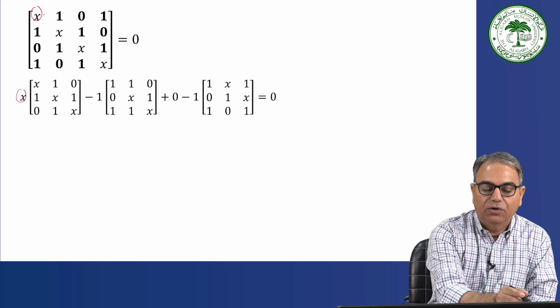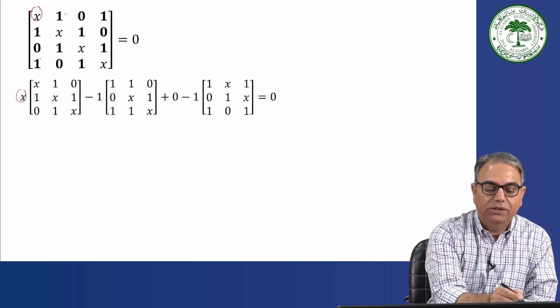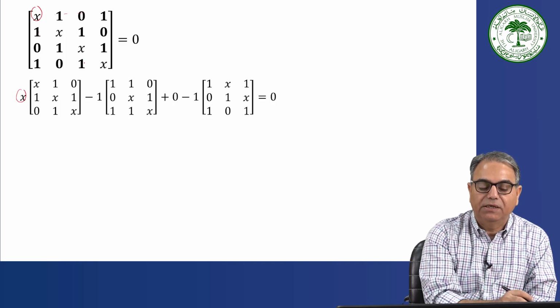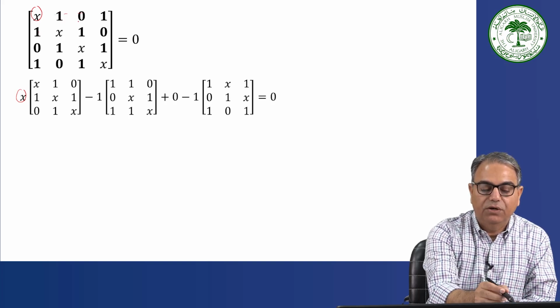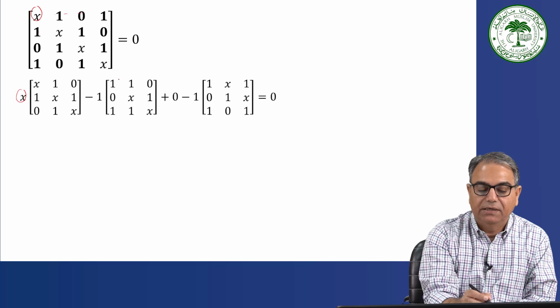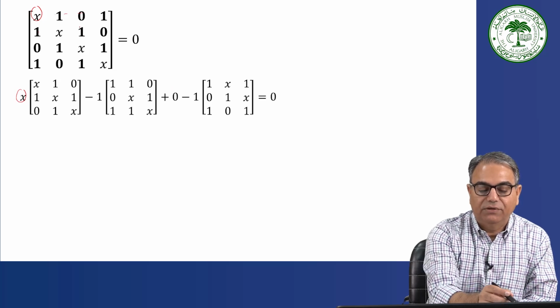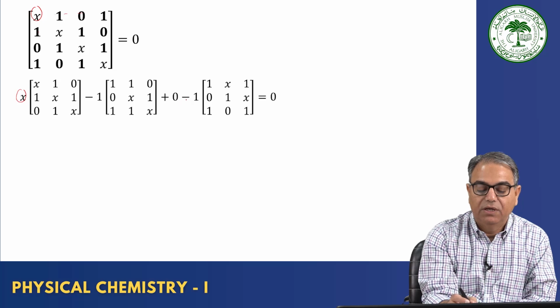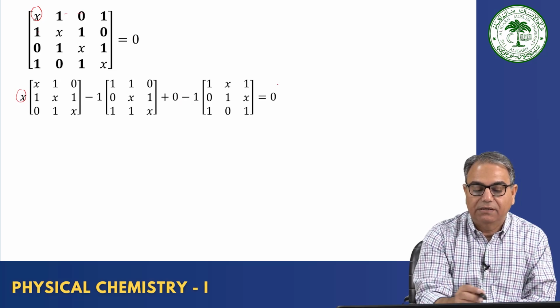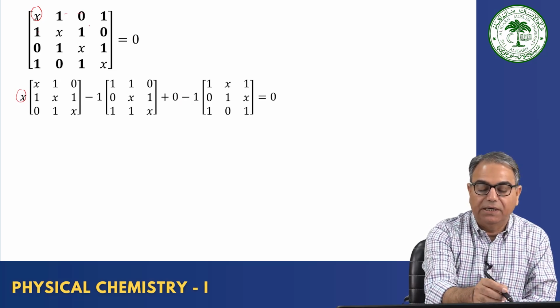Leave this row, omit this row, and then write the remaining determinant. Then minus, take this one, omit this row, omit this column, and write the rest of the 3 by 3 determinant. Then take this 0, and if you multiply any determinant by 0, it will be 0. So I have left it 0, and then again minus, like minus 1, and the remaining determinant you can write.